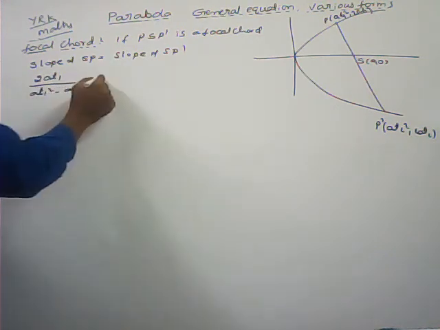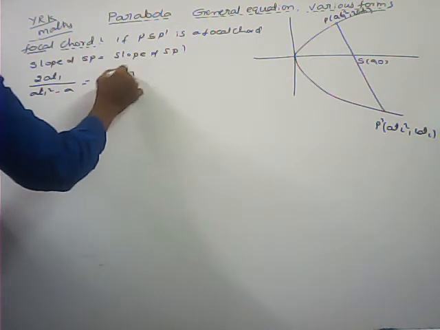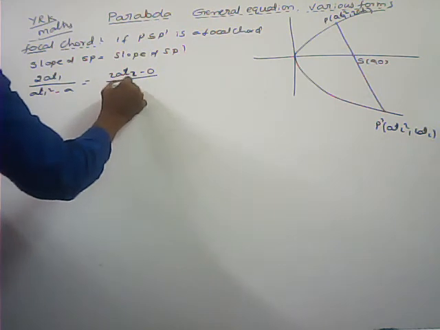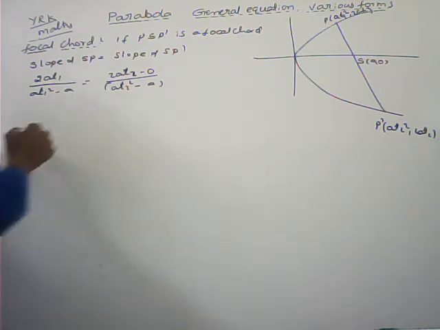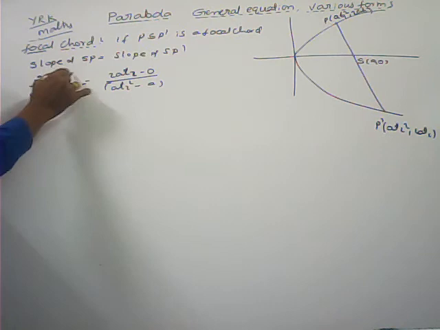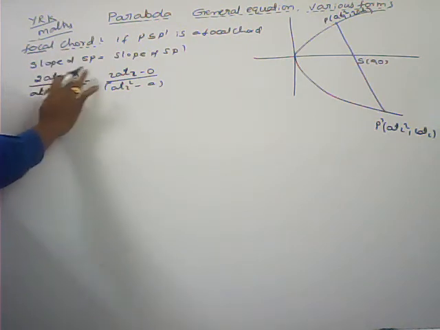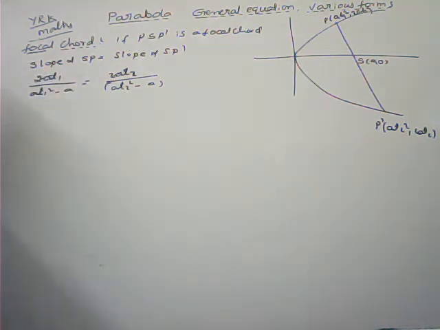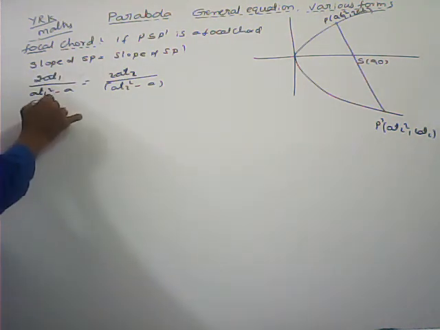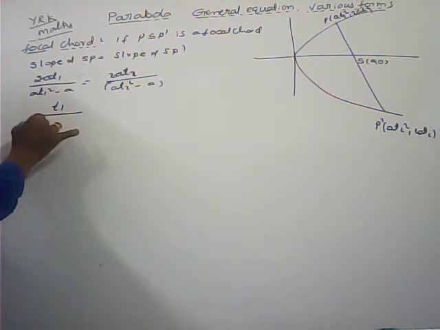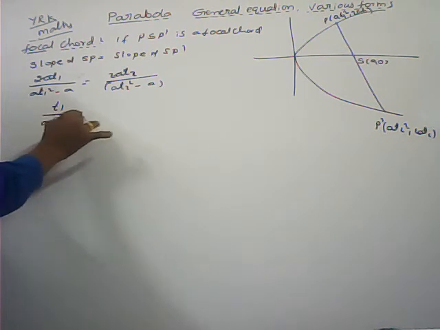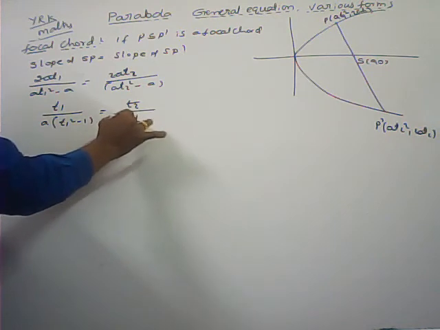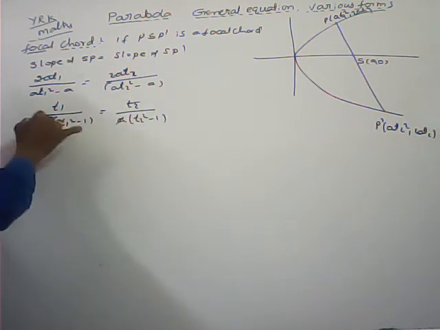Here 2a cancels, and taking a common: t1/(t1² - 1) = t2/(t2² - 1), and a cancels.